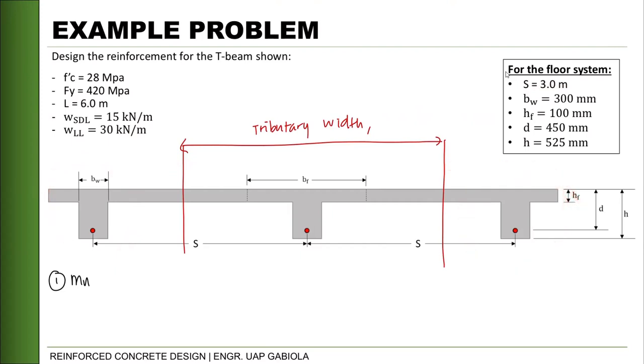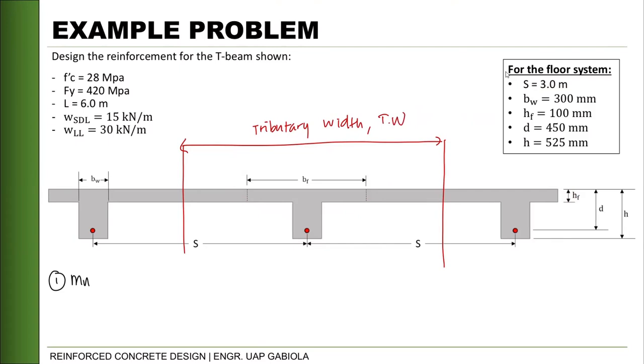So the tributary width is different from the effective width of the flange. The effective width of the flange matters for our stress distribution. But if we want to identify the tributary width, the portion sitting directly on our T-beam, we need to get our tributary width. Okay, so let's call this WT or TW so that we won't be confused.